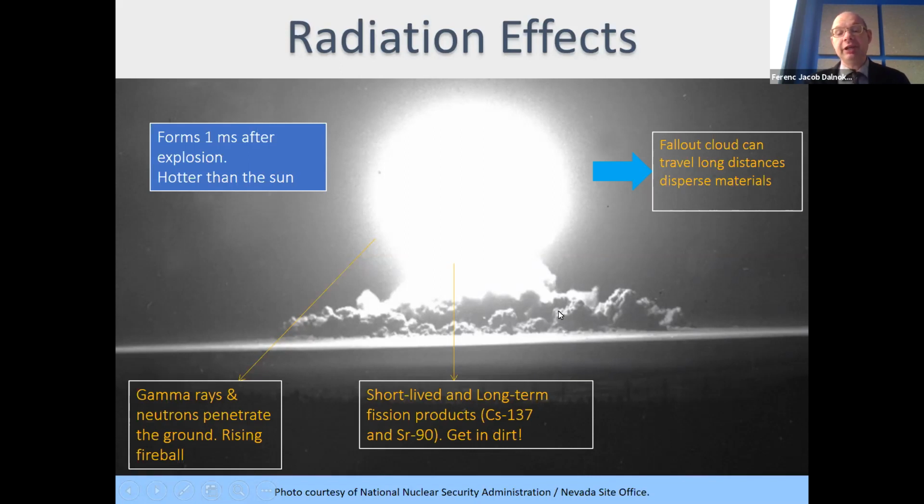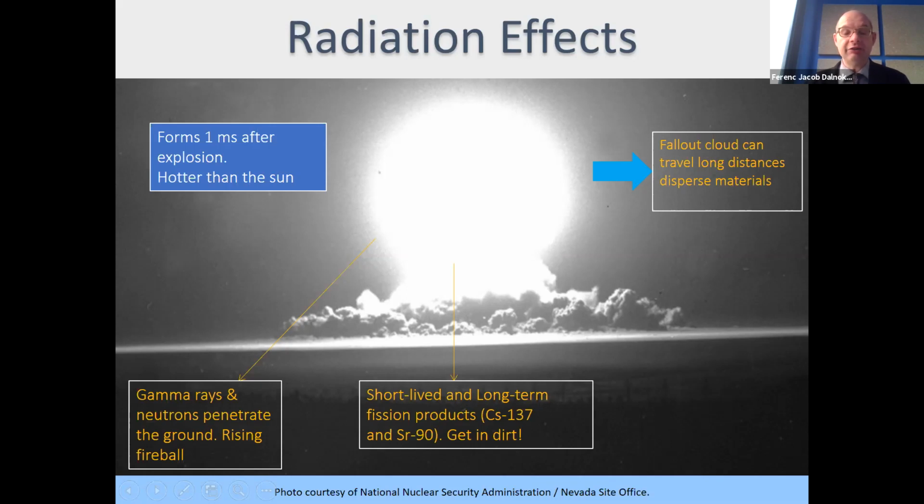But the problem is that you'll also produce a lot of fission products. Remember, this is what's released after the isotopes split in fission, and they split into 2 and 3 pieces, and then these are going to be radioactive. So for example, cesium-137 or strontium-90.